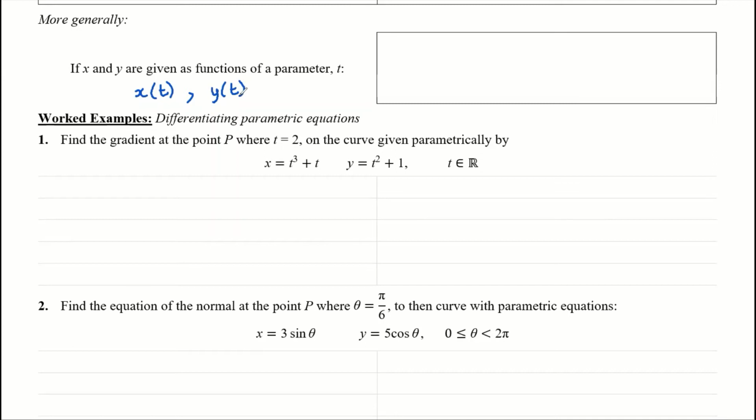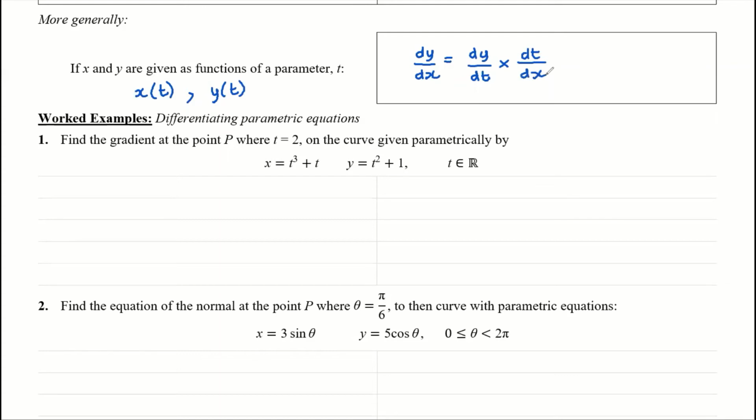Then the derivative, dy by dx. So put this in the box. This is really an important result here. It's simply going to be dy by dt, which we've just seen, multiplied by dt by dx, I should say.